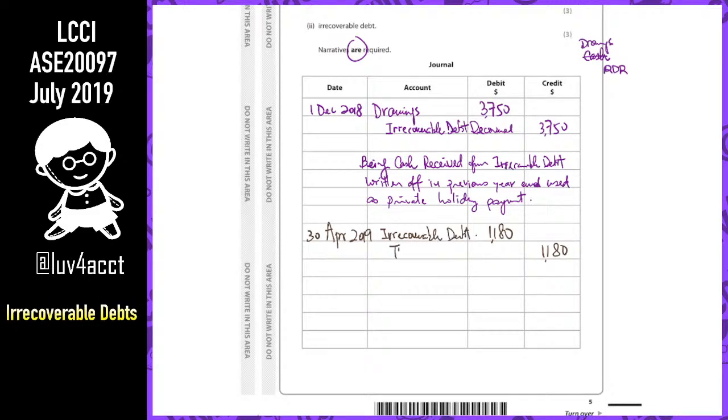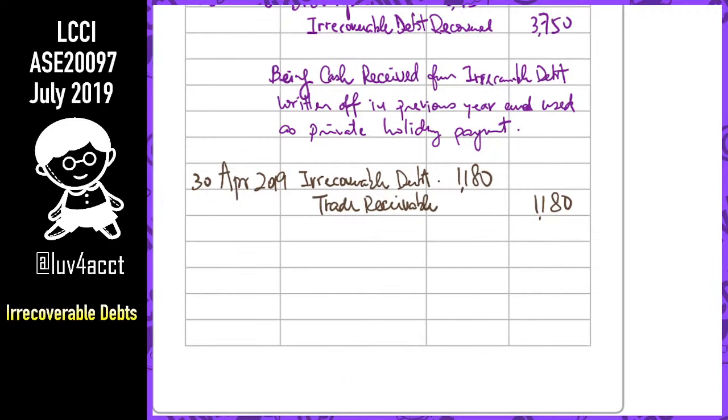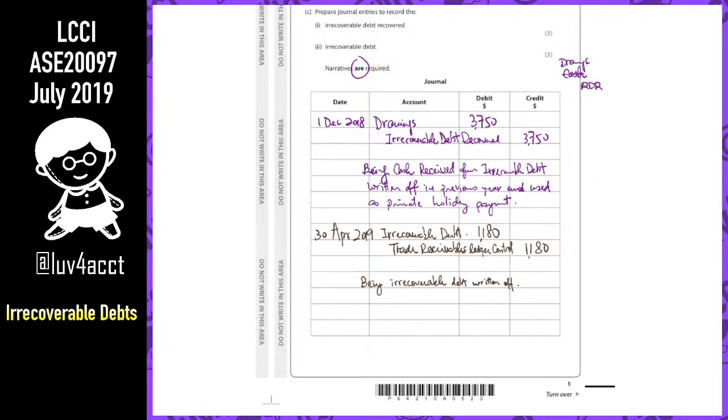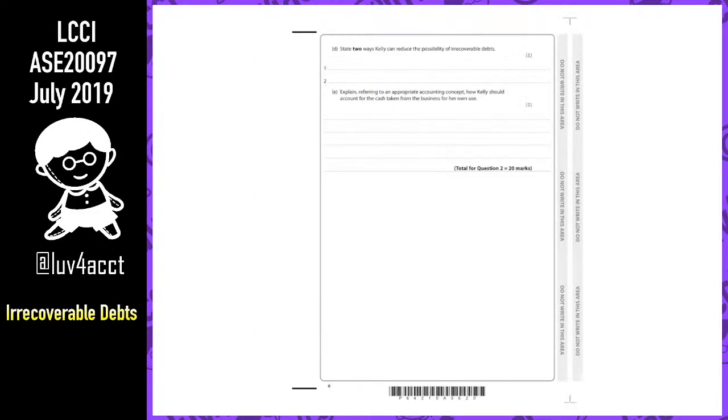Okay, and then you have trade receivables ledger control. Okay, finish. Okay, how many marks? 6 marks here.